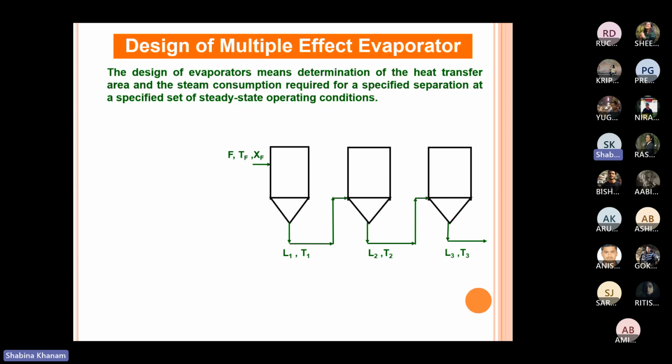Each part enters into that single effect, and after getting concentrated, product exits from each effect, and then they can mix together. So that we can consider as the flow. So when we are talking about flow pattern, it is only based on feed movement.